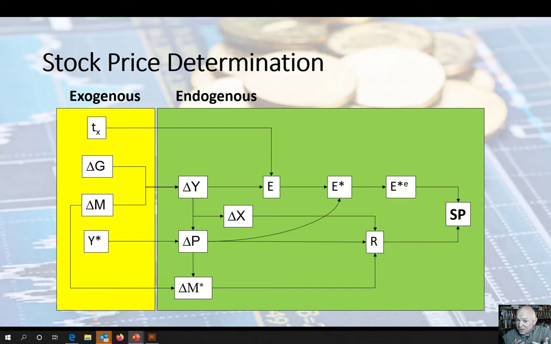If taxes are decreasing because of government policy, that increases the overall level of earnings. In real terms, those earnings are going to be adjusted by the delta P. Delta P is affected by the change in the money supply that we saw earlier, delta M, and it's going to affect our prices, it's going to affect our discount rate, but it's also going to affect the real value of earnings after inflation.